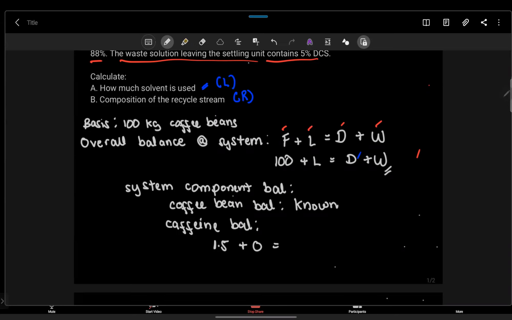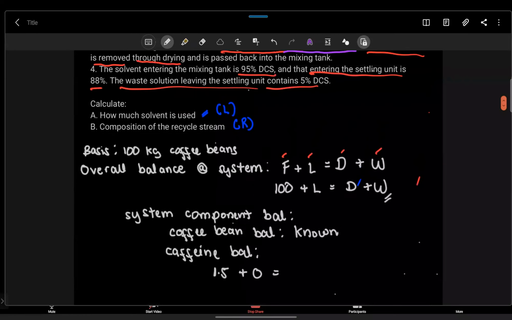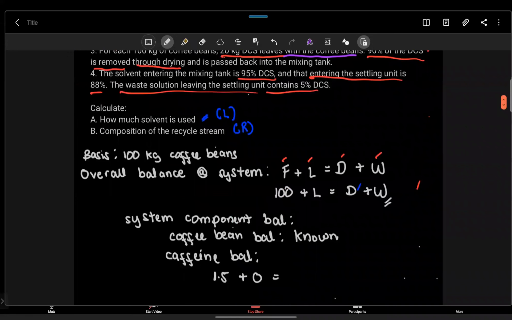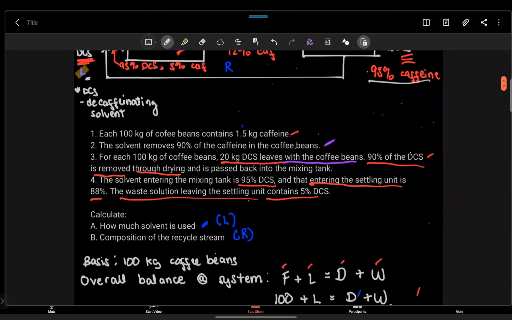well, do we have that? May caffeine ba sa D? Kung babalikan natin yung diagram natin, yes, it's actually 95% of W. Okay? I'm sorry, W pala, hindi D, 95% yung ating caffeine. So, consider mo natin yung D pala. No?